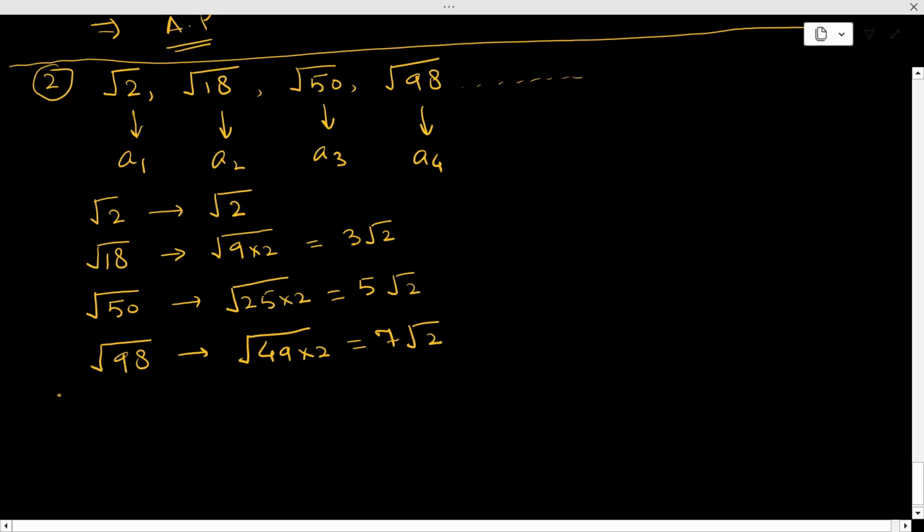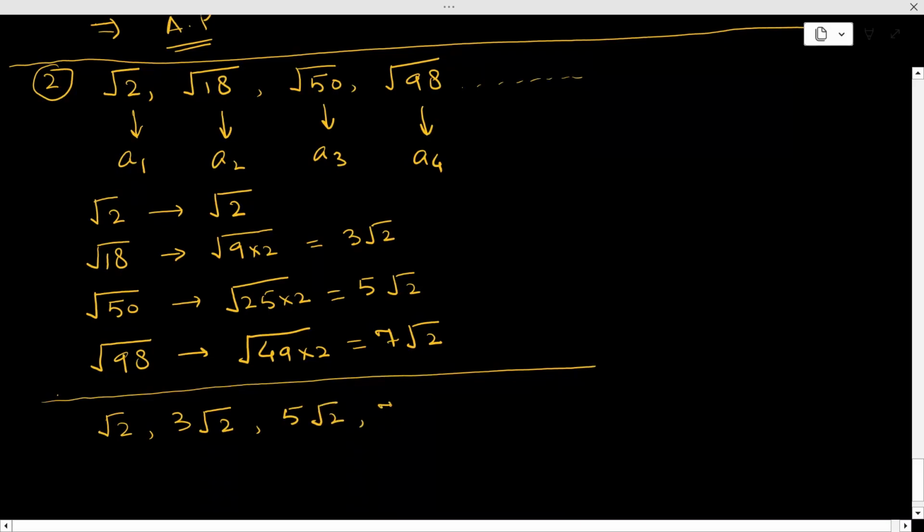So we can rewrite this arrangement as root 2, 3 square root 2, 5 times square root 2, 7 times square root 2, and so on.